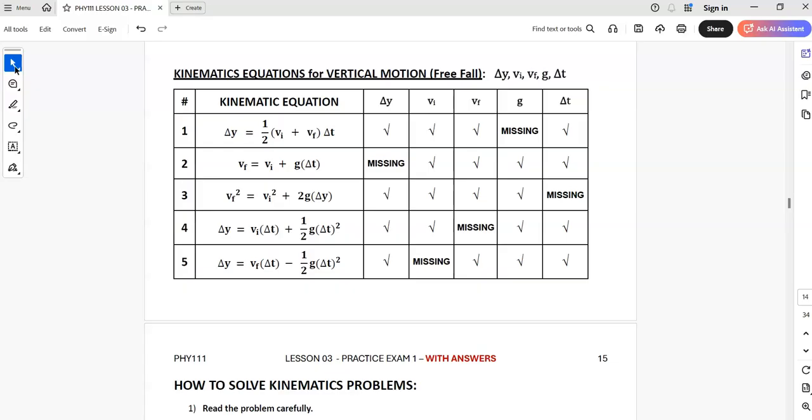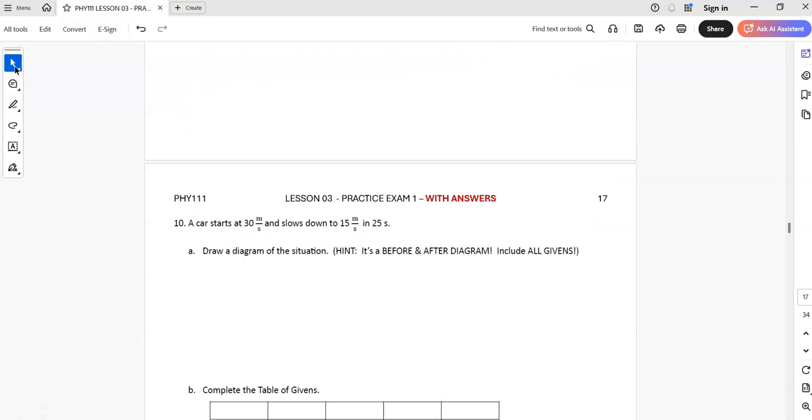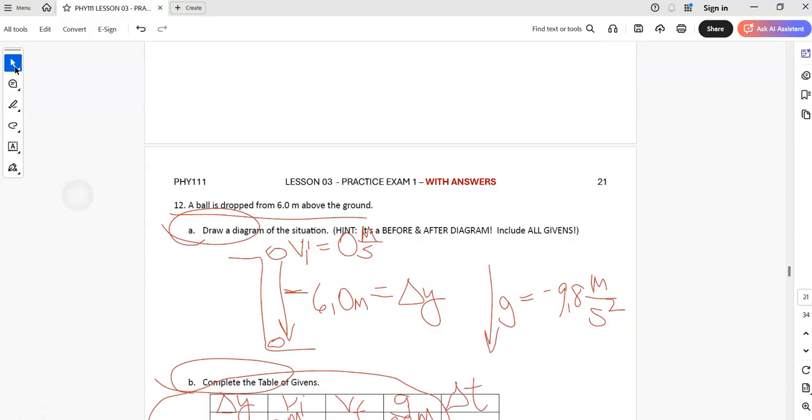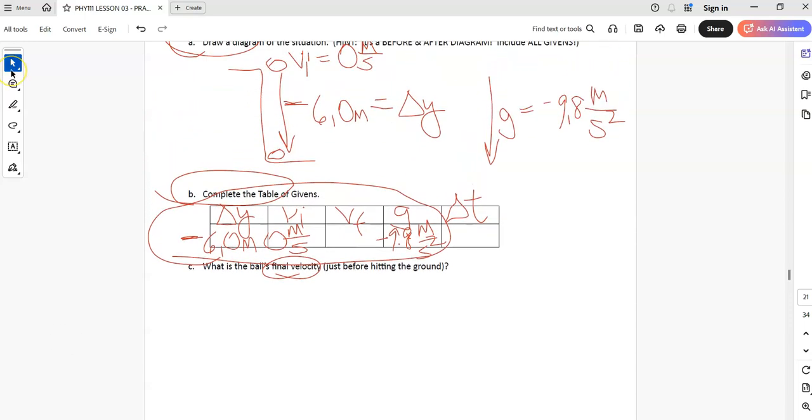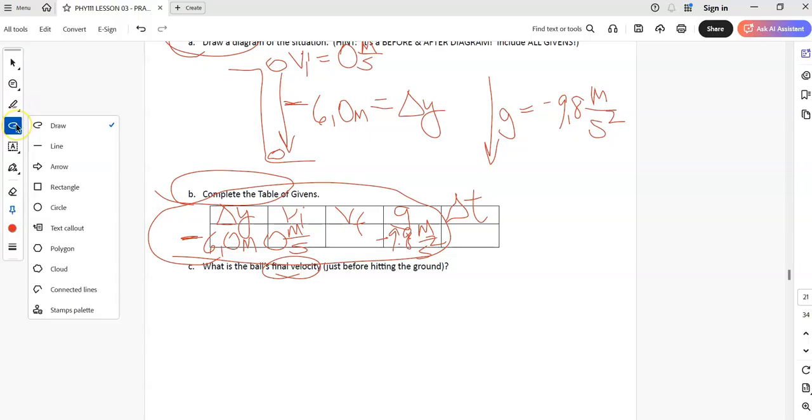Vf squared equals Vi squared plus 2g times the vertical displacement. So scrolling back, I'm going to write that formula first. Always write your formula first, and that way you know what you're plugging in where.